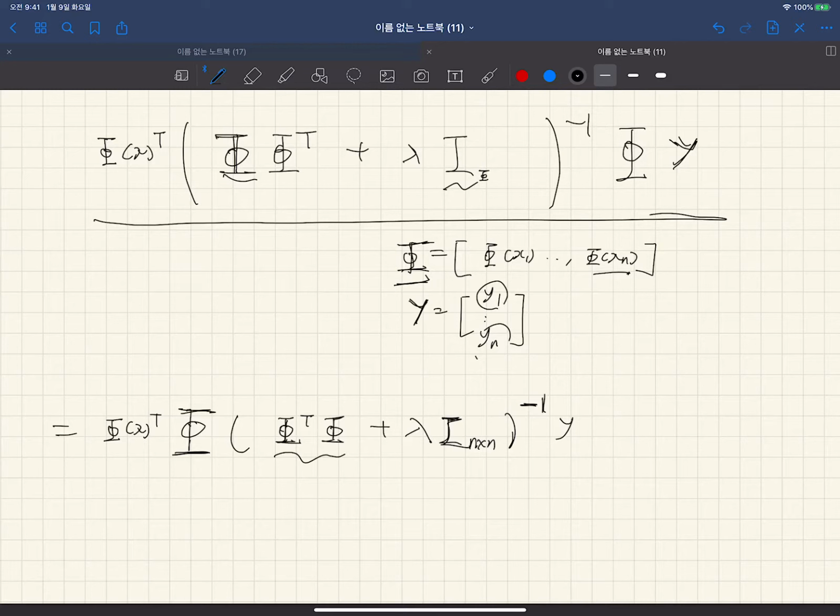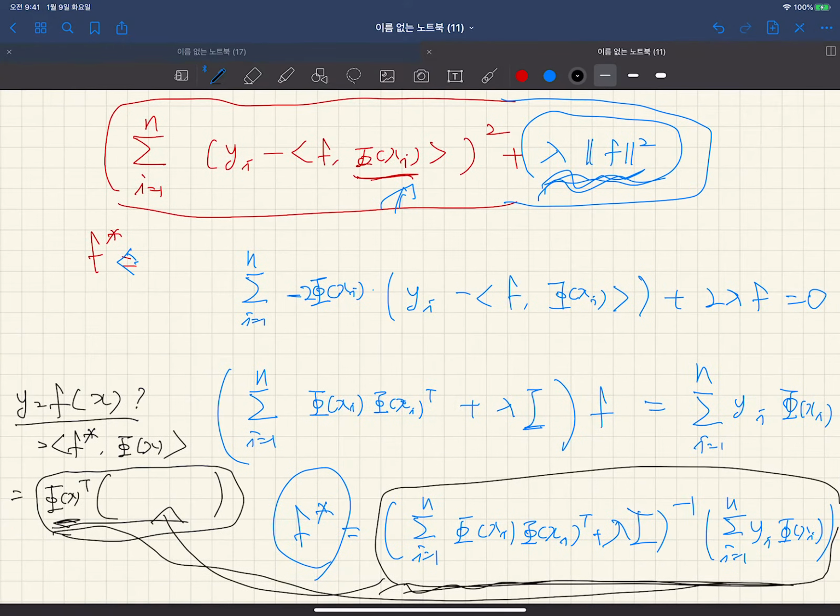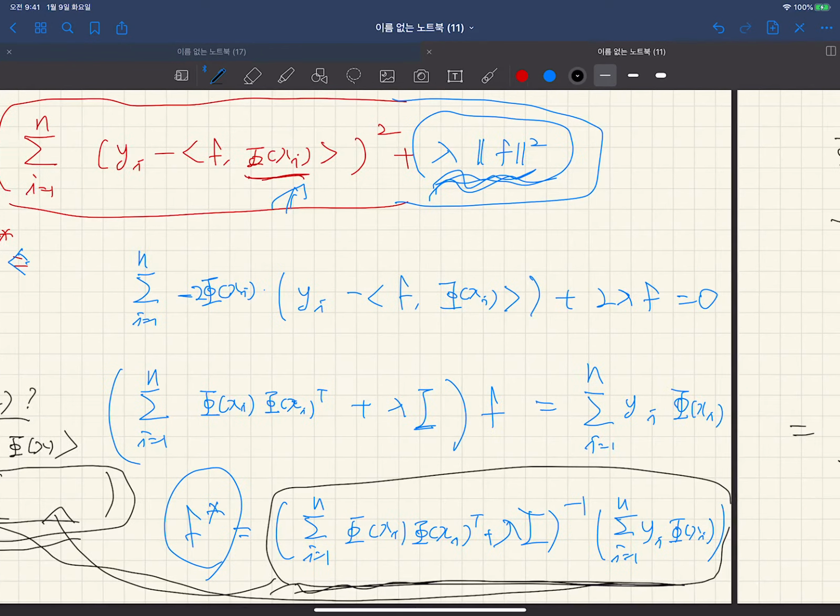And this matrix is the kernel matrix, consisting of kernel of xi and xj. And this value is the kernel vector between xi and x. Okay. So from the kernel function, you can define the prediction function, this f(x).